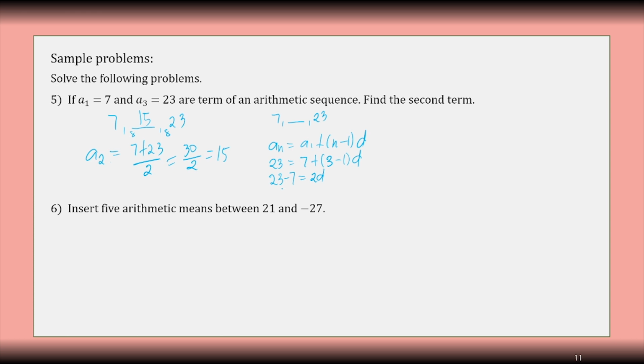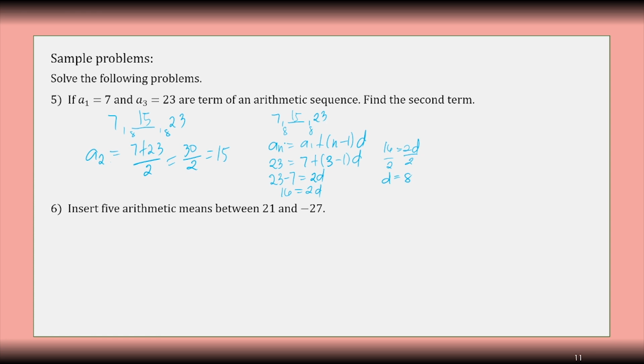So it will become 16 is equal to 2d. Then simplify lang natin. Divide both sides by 2. So ating common difference natin is 8. So in this case, kung 8 siya, so 7 plus 8, we have 15. Then 15 plus 8, we have 23.